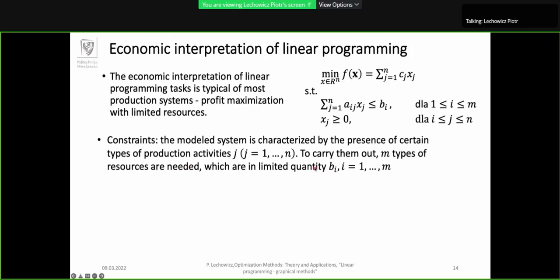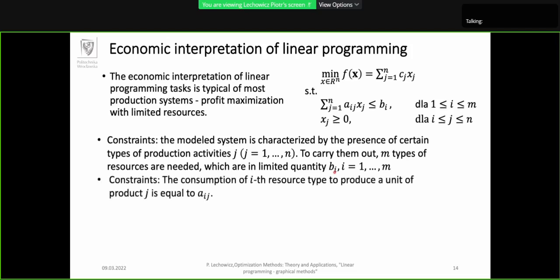So we have a limited number of resources defined as a vector B. So the constraints define the consumption of resource type i to produce a unit of product j, and it has to be equal to Aij.